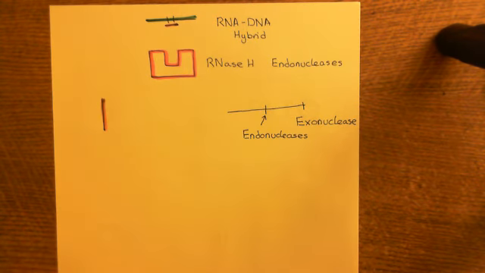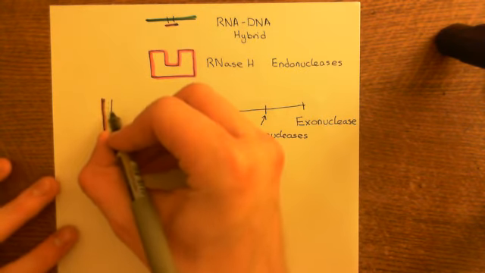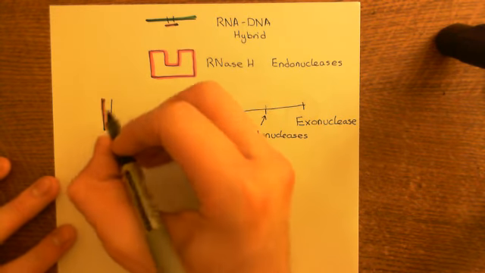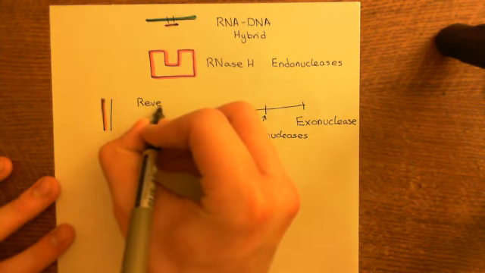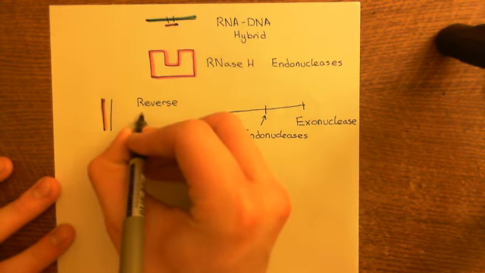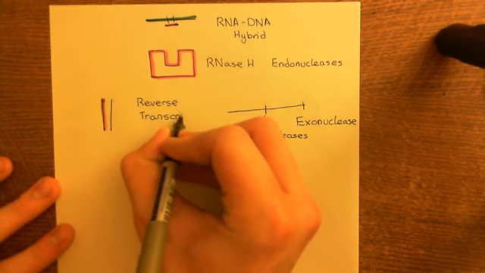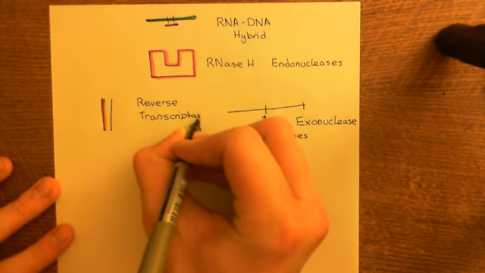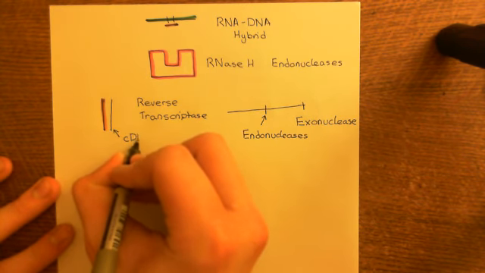What HIV does is synthesize a piece of complementary DNA to the RNA genome once it gets into a human cell. It uses the enzyme reverse transcriptase, which synthesizes a complementary piece of DNA known as a cDNA strand. So this is a cDNA strand.